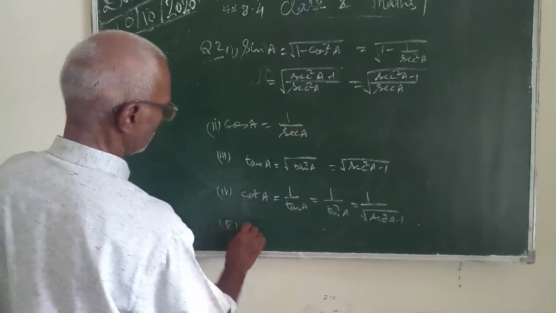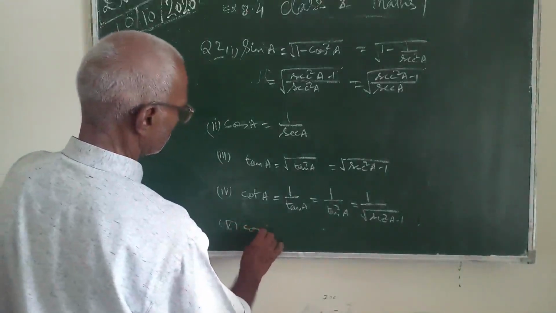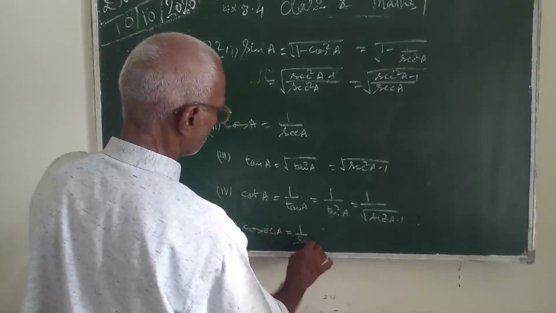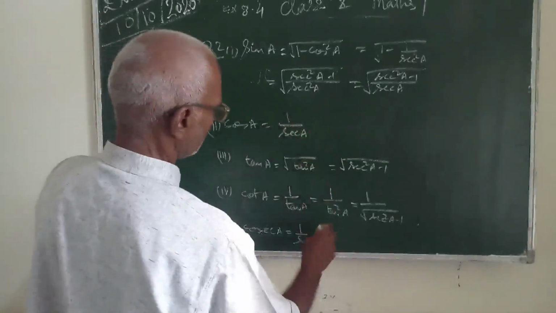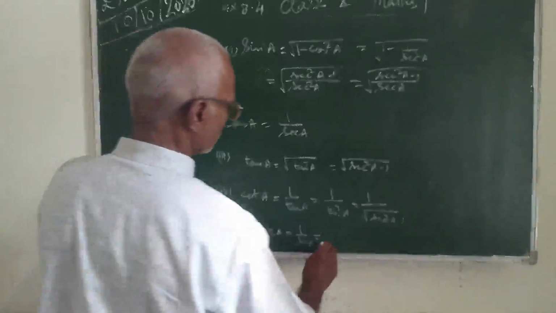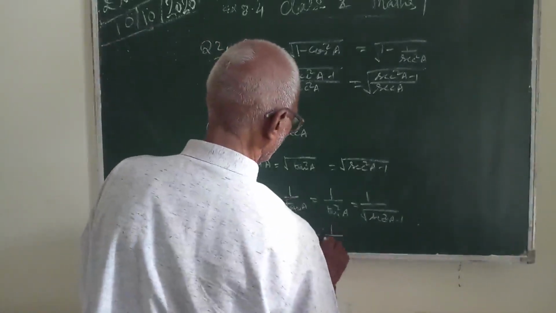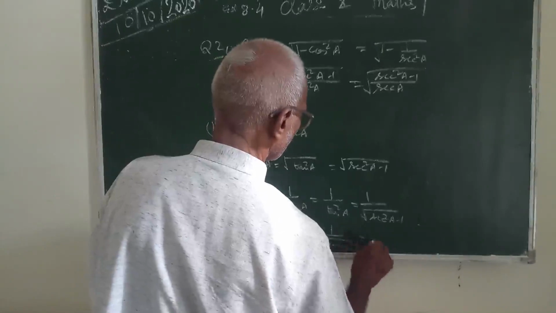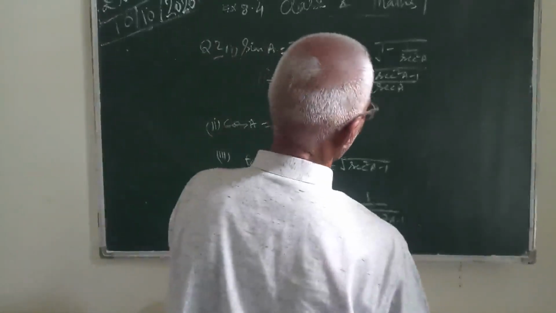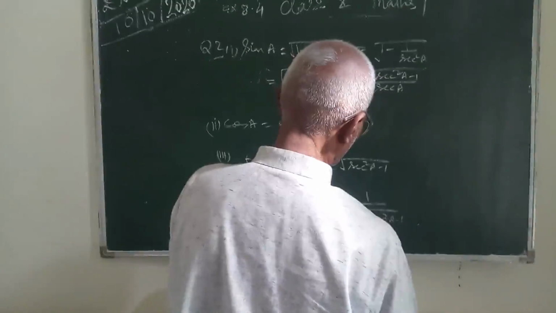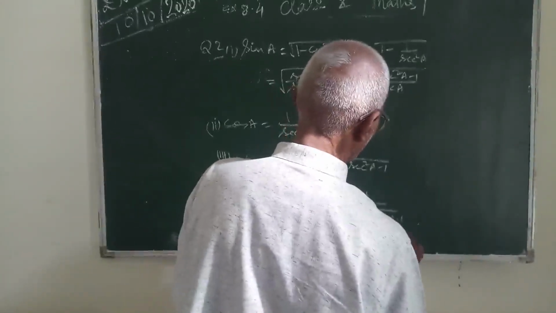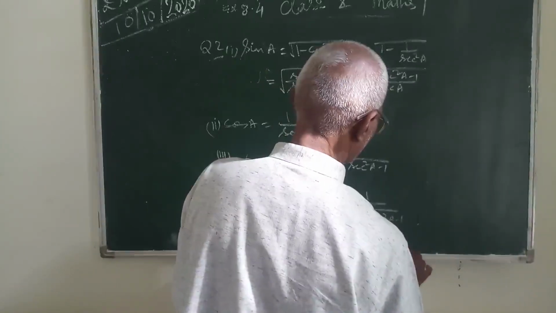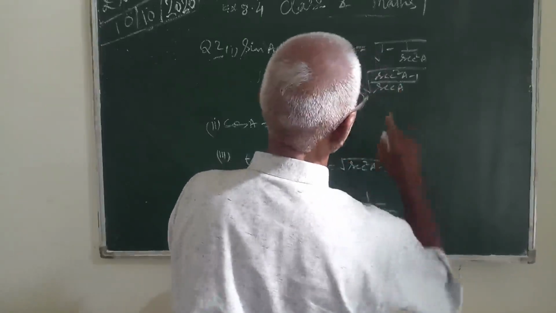Fifth one, cosec A. Cosec A is 1 upon sine A. Then write the value of sine A. Sine is root of 1 minus cos square A. Cos is 1 upon sec, so 1 minus cos square A is 1 minus 1 upon sec square A. So here will go sec A, and here will be root of sec square A minus 1, as we did on the first page.